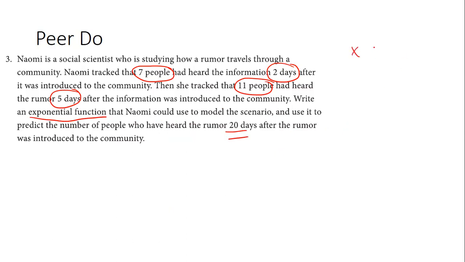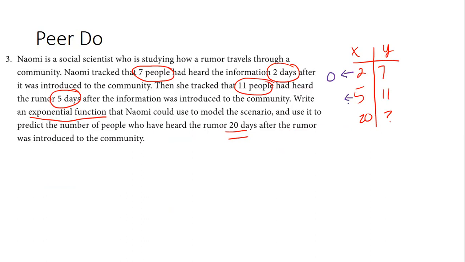Now, the key thing we have to pay attention to is we have 2, 7, 5, 11, and we want to know 20. Because we don't have a 0, we're going to force our 2 to be our 0. If 2 is our 0, what does that make 5 become?